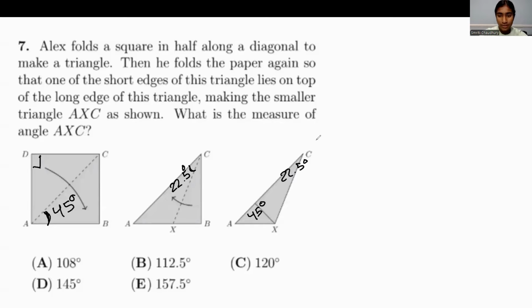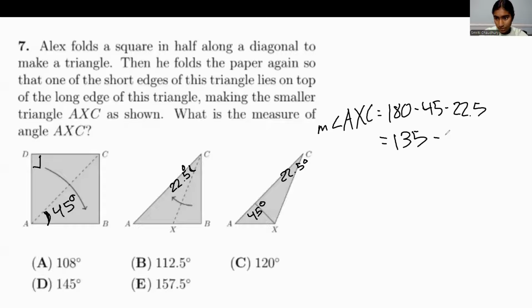Now for AXC, we will find that the measure of angle AXC is 180 minus 45 minus 22.5. So 180 minus 45 is 135, and then minus 22.5 is 112.5 degrees. So our answer is B.